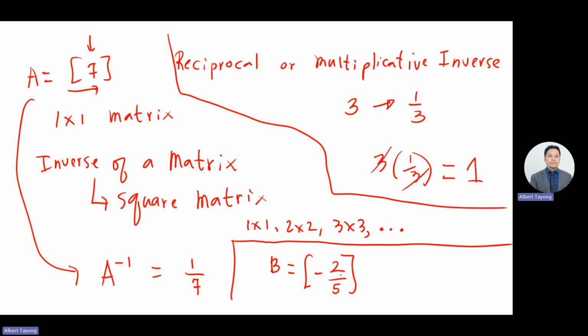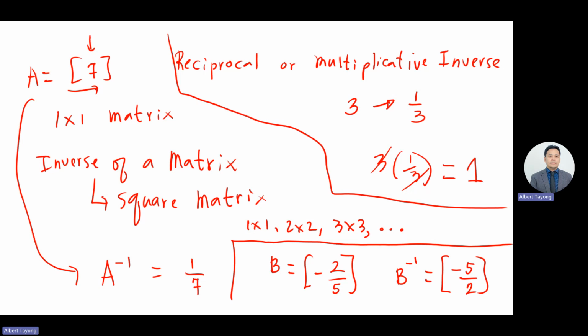It is negative and it's a fraction. So we have one row and one column. If the given value is negative, the inverse is also negative. So the answer here is the reciprocal, that is -5 over 2.